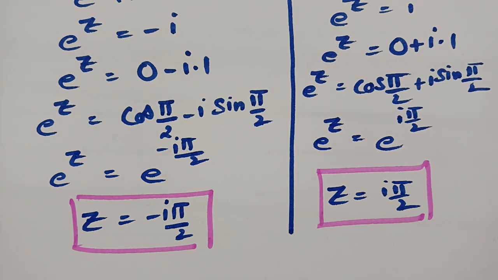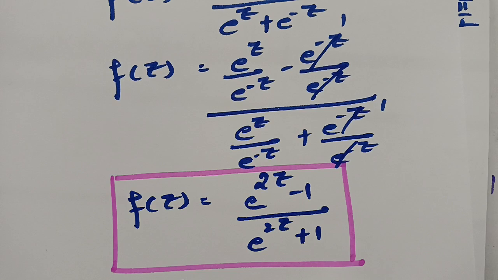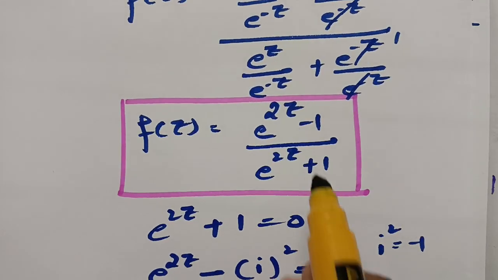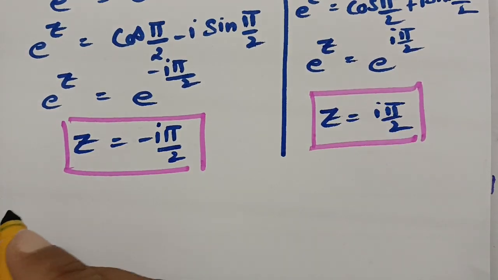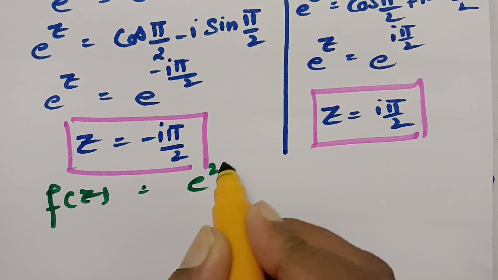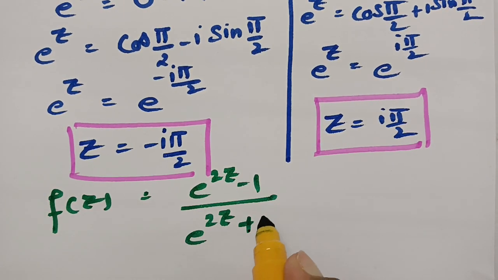And here, we have to find the residue values. So what is given here? f(z) is given as (e^(2z) minus 1) by (e^(2z) plus 1). So this is our f(z) value.